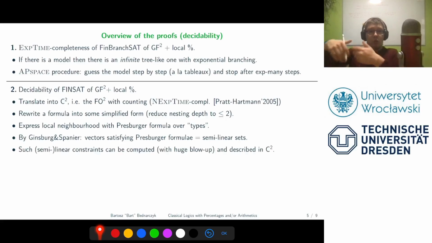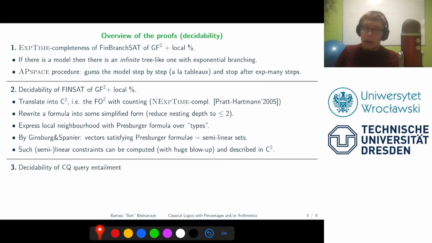So we get a huge blowup. We take these local neighborhoods expressed in Presburger arithmetic, translate everything into semilinear sets with a huge blowup, and then describe these sets in the two-variable logic with counting. And that's roughly how our reduction works.